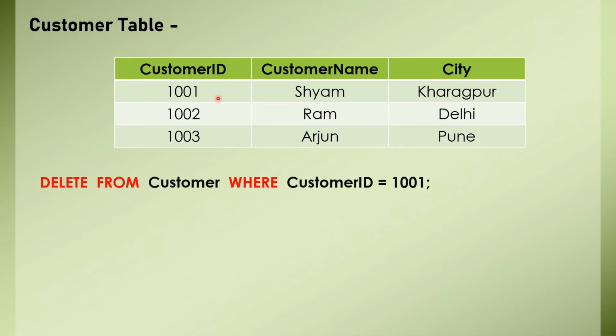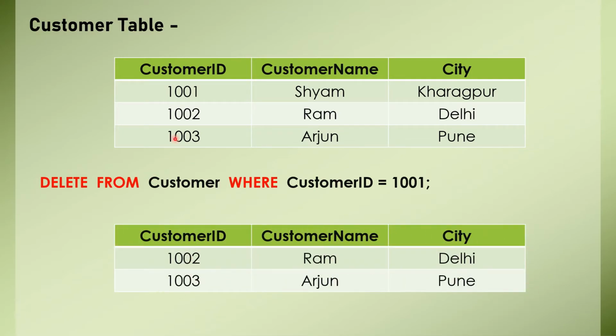Not only customer, any object in your database will have a corresponding unique ID by which you can uniquely identify that particular object. So here we can uniquely identify this Shyam by his customer ID, right? So whenever I wish to remove the record of Shyam, then I need to write customer ID must be equal to 1001, and if it is true, we need to delete that particular record. Correct? So I hope you got this thing, right? So what will be the output?